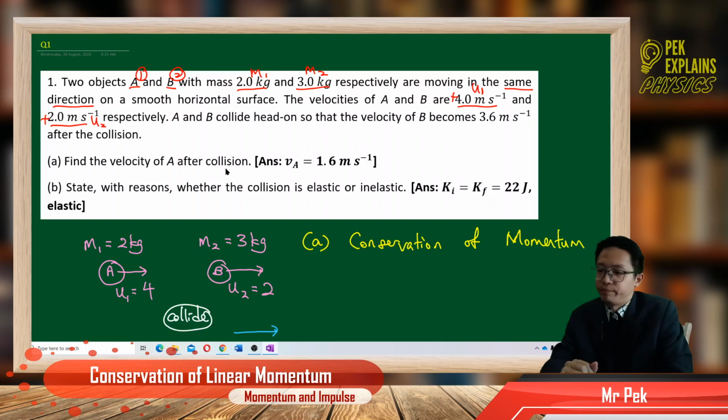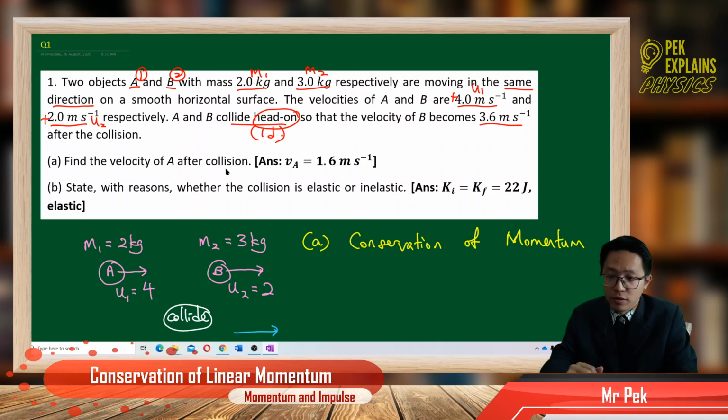U1 and U2. They collide head-on. So this is considered a one-dimension collision. Only one component. There's no XY component. When head-on means only one dimension. Now, the velocity of B becomes 3.6 after the collision.